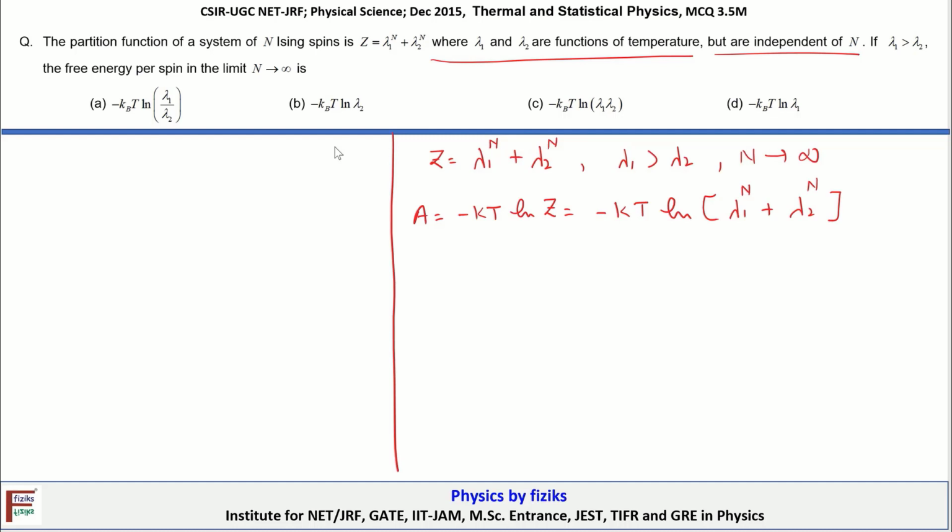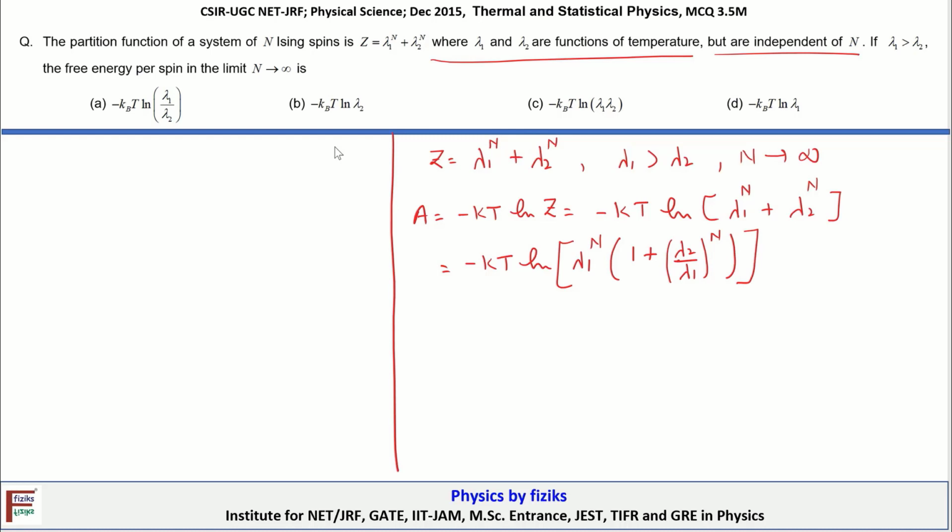Because it's given that lambda 1 is greater than lambda 2, we will take one term common: minus kT ln of lambda 1 power n outside, and inside the bracket we will have 1 plus lambda 2 upon lambda 1 power n.